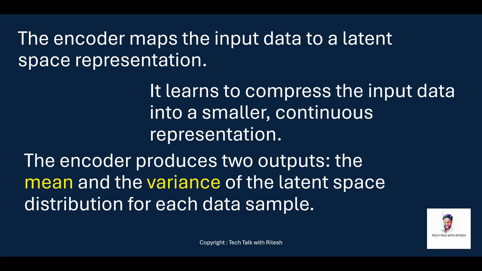What is the encoder's job? It will map the input data. Whatever the input data is, it will map to the latent space. It learns to compress the input data into a smaller continuous representation. The encoder produces two outputs, okay, the mean and the variance of the latent space distribution for each data sample.